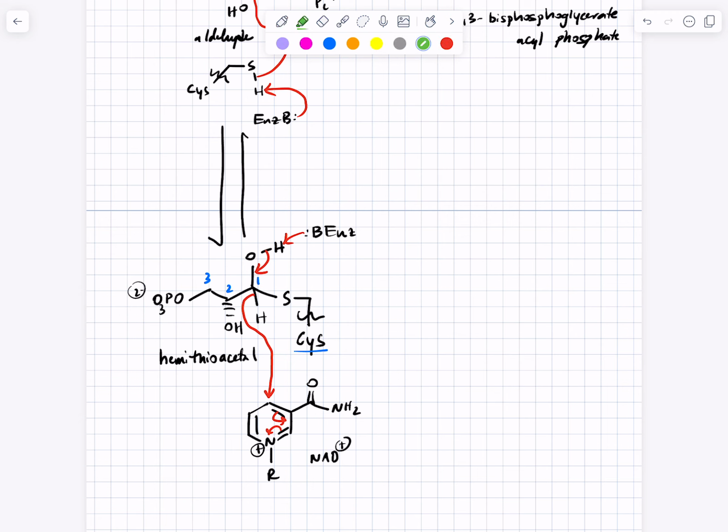So this is the proton that gets removed, and this is the hydride that gets delivered. And then the product of that will be a thioester and NADH, which I'm just going to abbreviate as that.